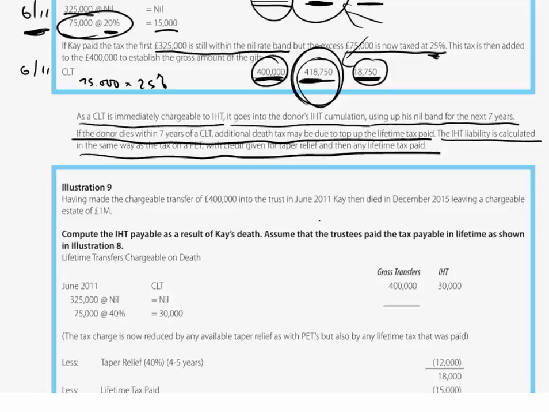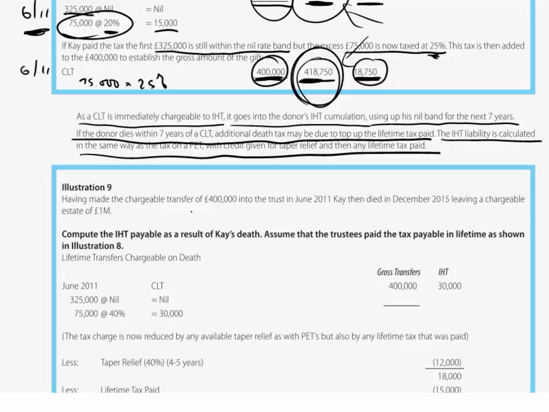Now, don't immediately panic here about, well, that's not fair, double charge the tax. The worst that can happen is you now end up paying as much tax as you would have done had it been a PET, for we will credit back any lifetime tax that was paid. We will credit any taper relief as well, such as we will see in this example now.